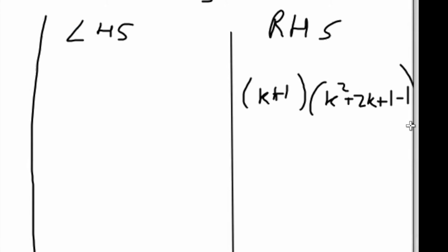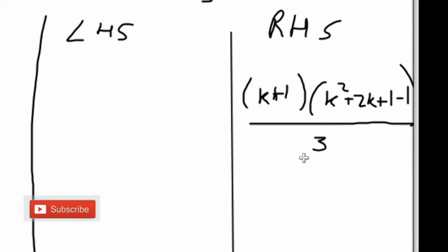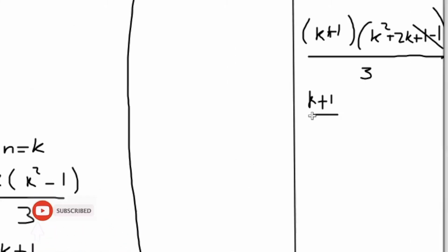Now, putting the minus 1, you should be seeing that I'm going to have a cancellation. The plus 1 and the minus 1 will cancel. So I can go ahead and cancel the plus 1 and the minus 1 that I have there. So my next line, I will have k plus 1 and the 3, but the remaining section I will have k squared plus 2k. And I'm going to put this in brackets, so we have two brackets being multiplied.